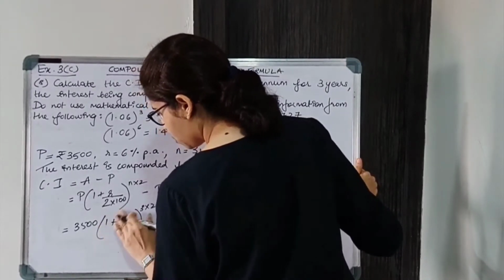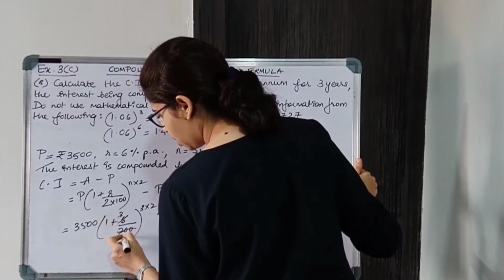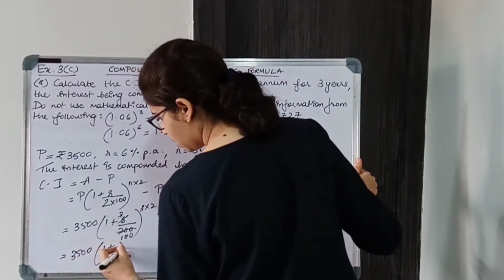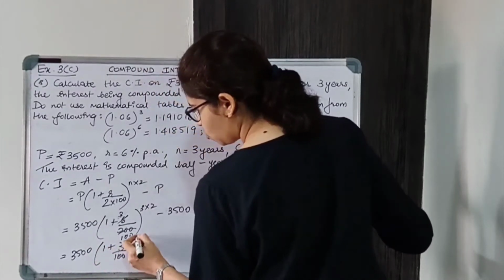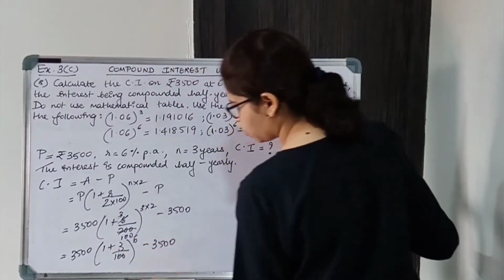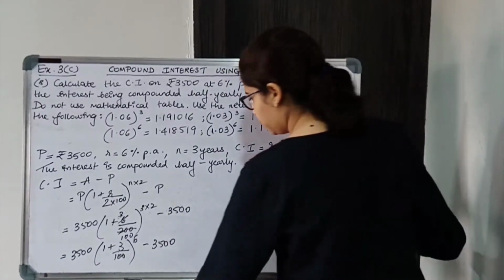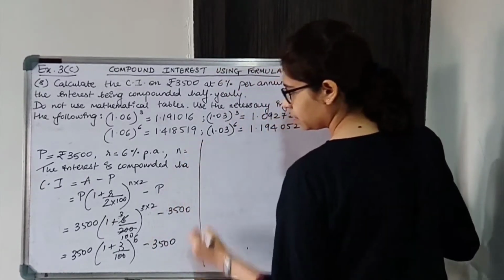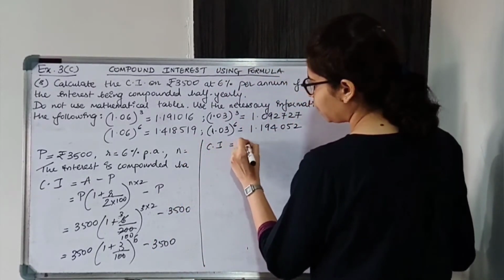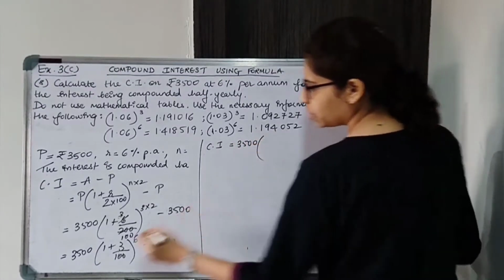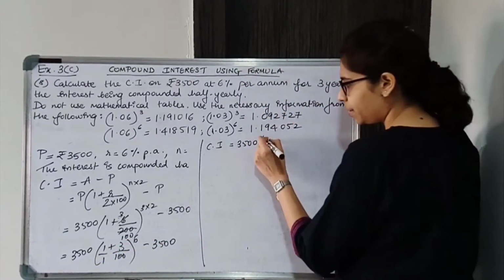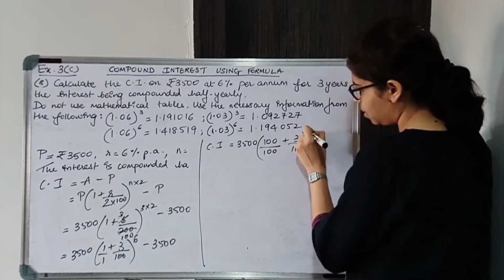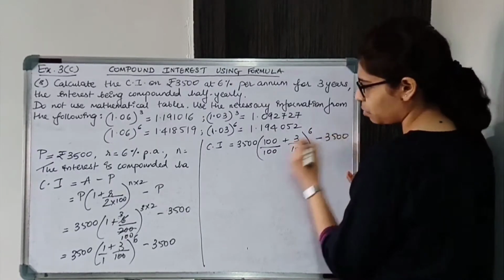2 3s are 6 and 2 hundreds are 200. So we get 3,500 into (1 plus 3 upon 100) raised to 6 minus 3,500. Okay, so CI is equal to 3,500 into, we'll take LCM, multiply by 100 in both numerator and denominator, raised to 6 minus 3,500.